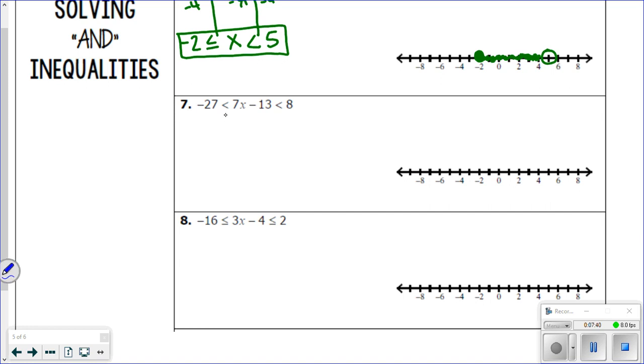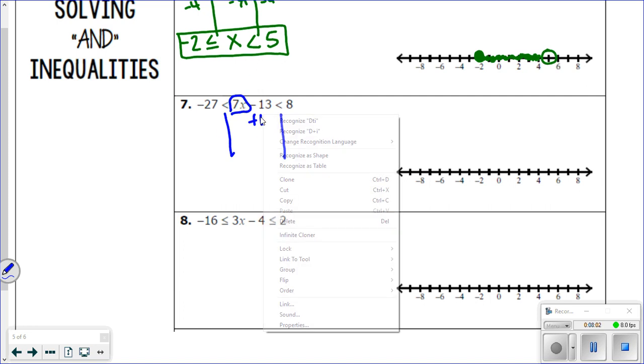Number 7, again, draw your lines down so we can stay organized. I have 7x minus 13 in the middle because we want to work middle to the outsides. So I need this 7x alone. So I want to get rid of that minus 13. The opposite is to add 13.